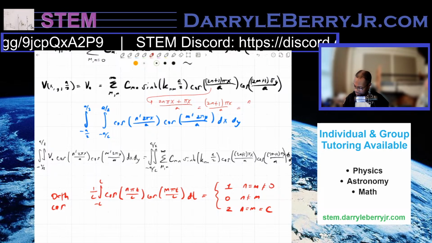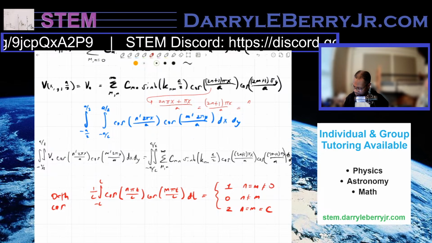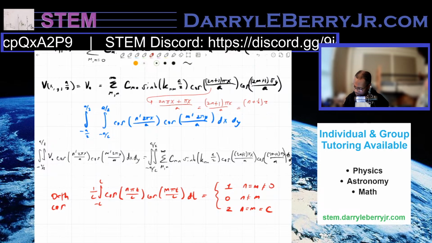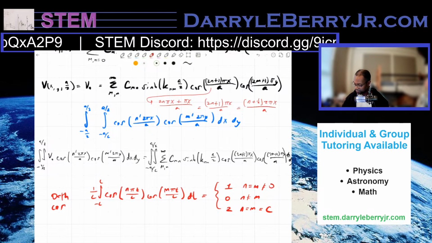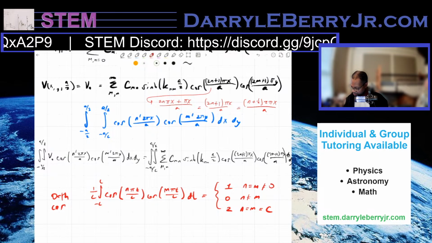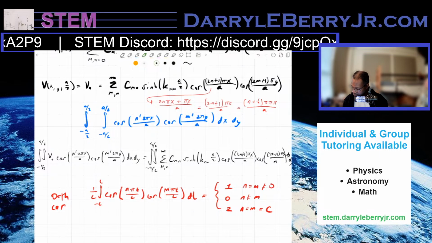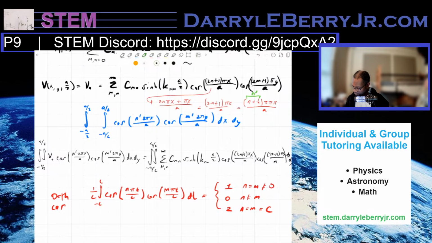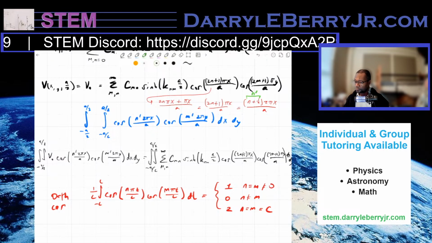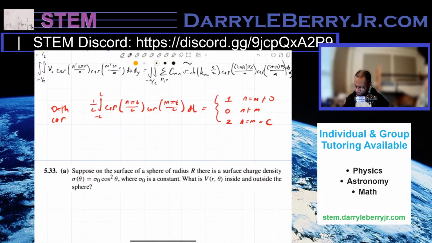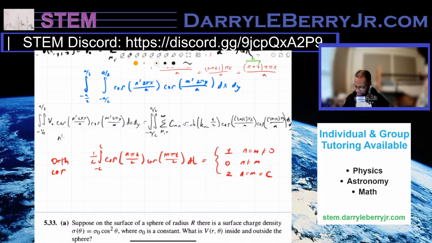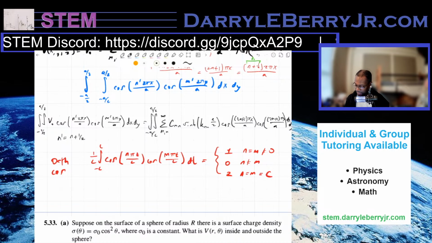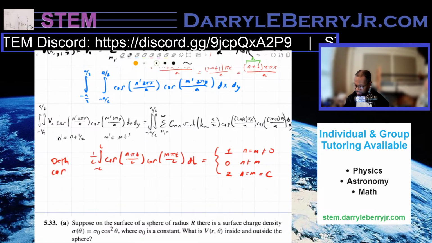So we can say this is n plus 1 half, 2 pi x over a. And we're going to call this n prime or m prime. N prime equals n plus 1 half. M prime equals m plus 1 half.